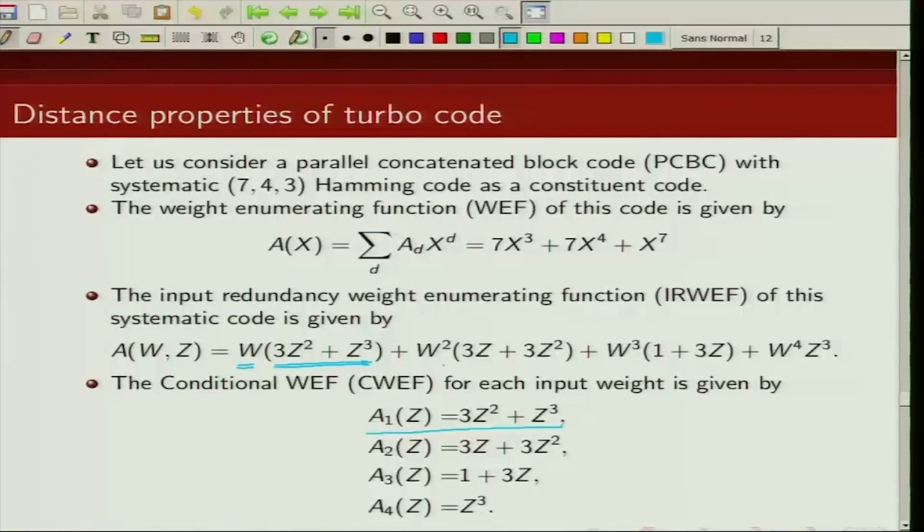Similarly, for input weight 2, the conditional weight enumerating function is given by this. Similarly, for weight 3, the conditional weight enumerating function is 1 plus 3z, and for input weight 4, the conditional weight enumerating function is given by z cube.